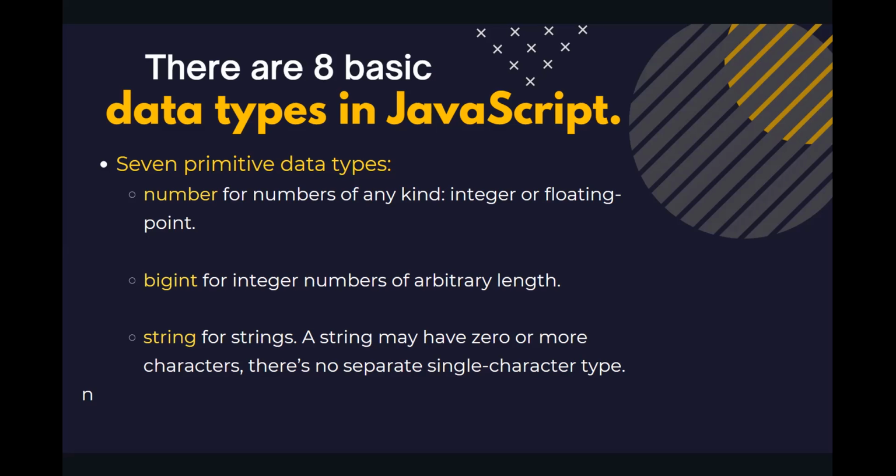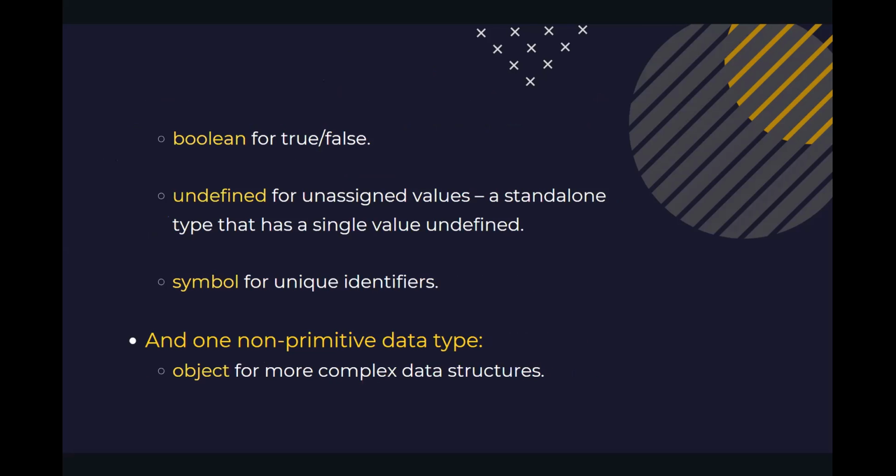This would be interpreted as string data types, like just part of a sentence. That's the difference between number and string. String is also used when you're writing words, sentences.